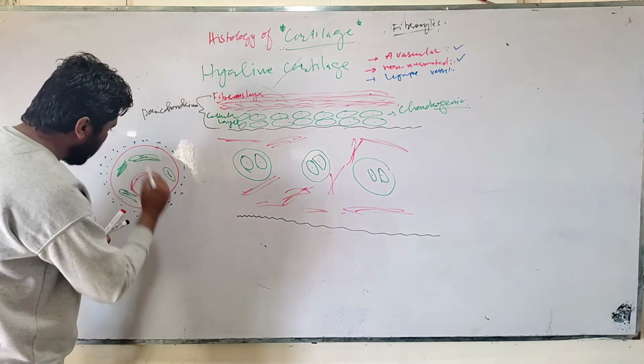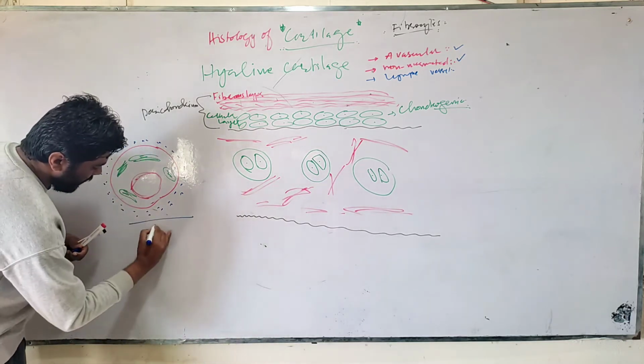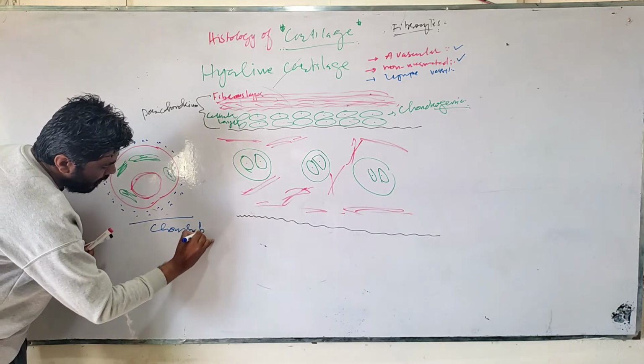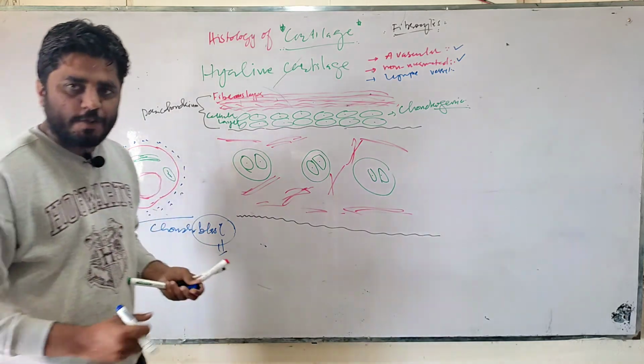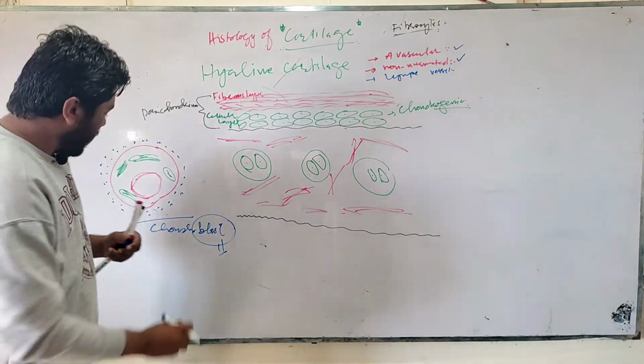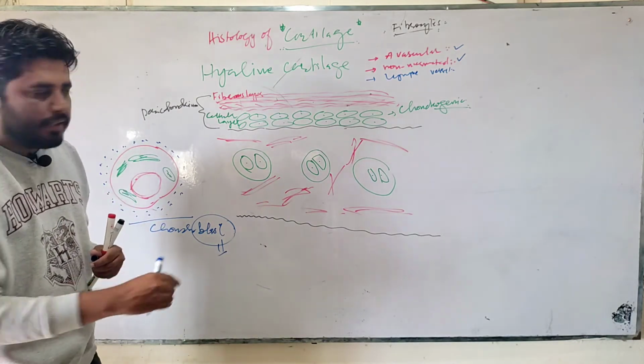This is a chondroblast. Blast means to produce something. So this cell is actively involved in producing matrix.